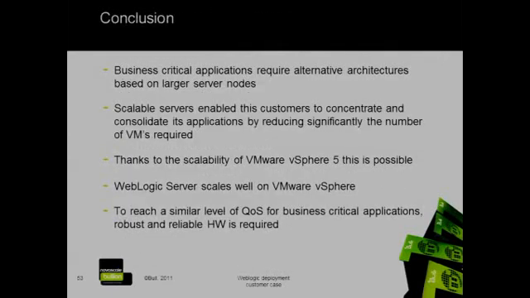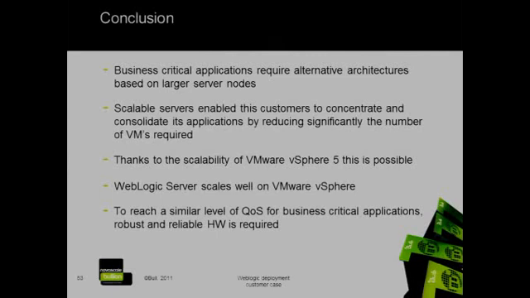So, as a conclusion, business-critical applications can be deployed on vSphere 5, and you can use alternative architectures based on larger server nodes.